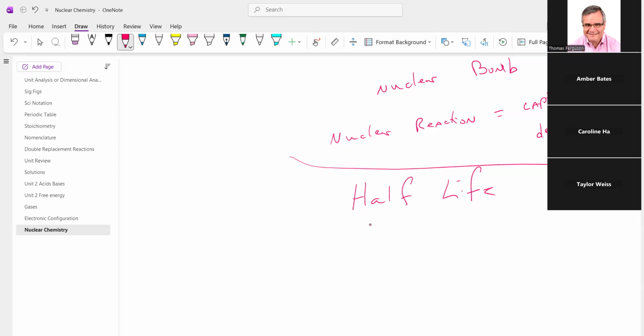Now, some things are really bad. During World War II, the Manhattan Project figured out how to make plutonium, and that's 94 Pu. Now, milligrams of this stuff will cause leukemia. Up at Hanford, in Washington State, they have a facility that started in World War II, part of the Manhattan Project, and their reactors make plutonium.